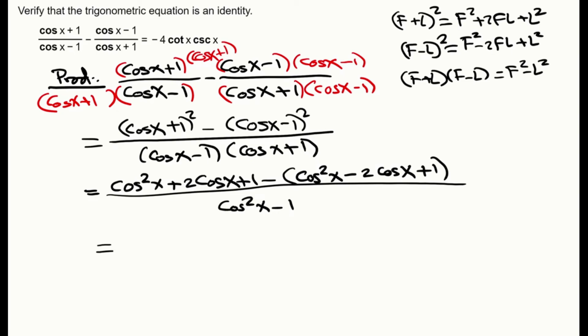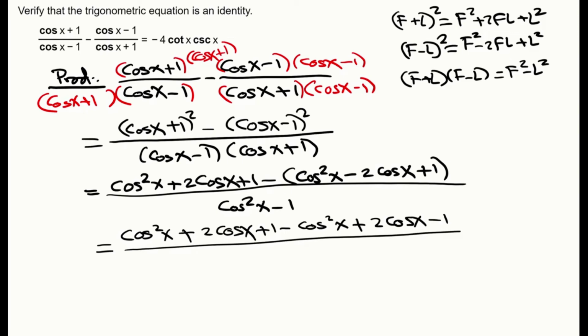So now we go ahead and distribute that negative. So we have cosine squared x plus 2 cosine x plus 1 minus cosine squared x plus 2 cosine x and then minus 1 all over cosine squared x minus 1.